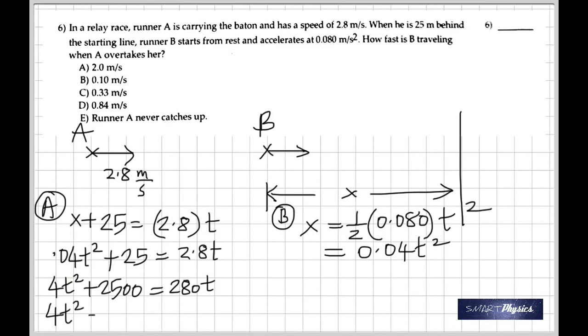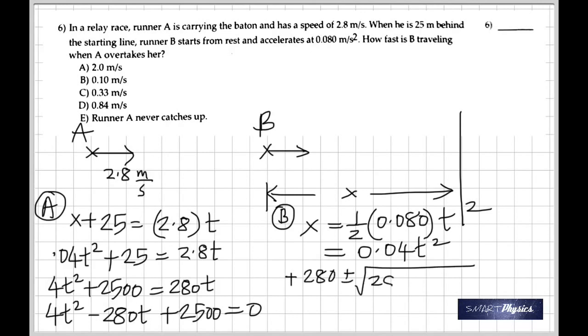So rearrange that and solve the equation. Here it's a plus because it's minus b, remember, and it's already minus, so that's why it's plus.